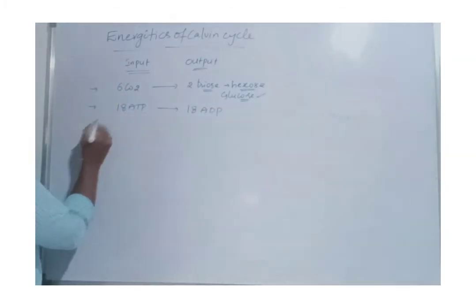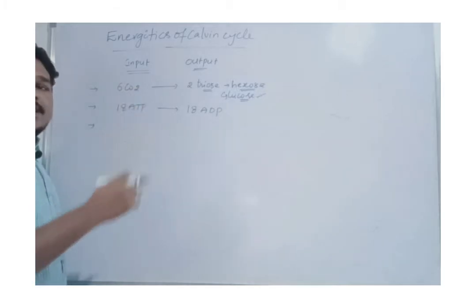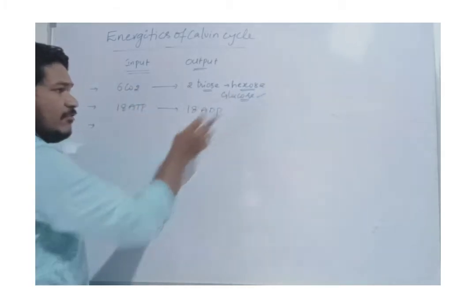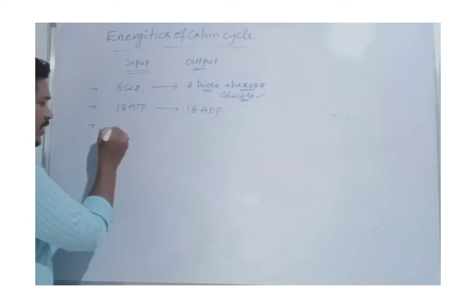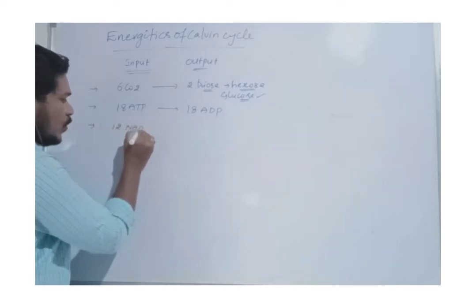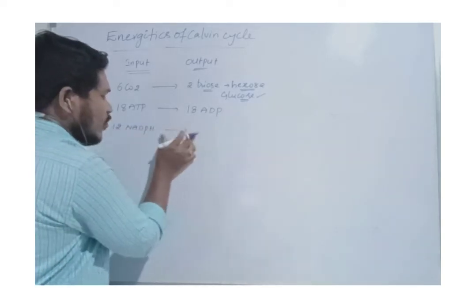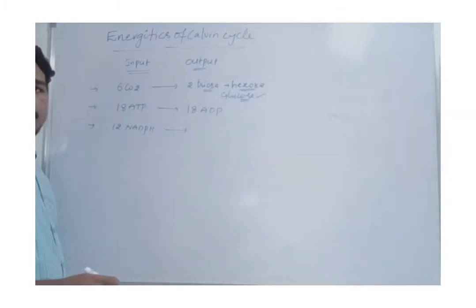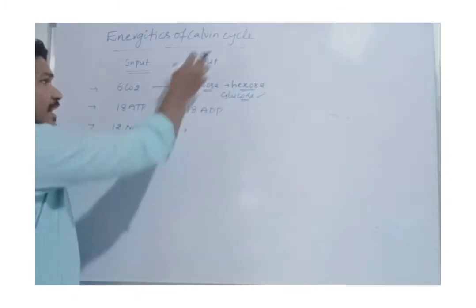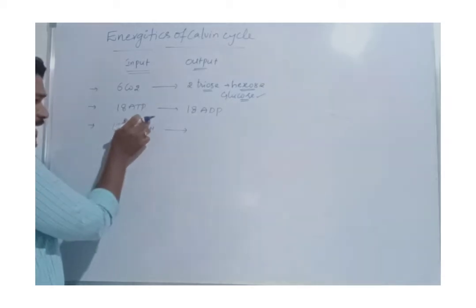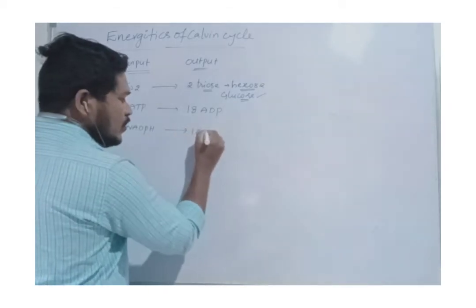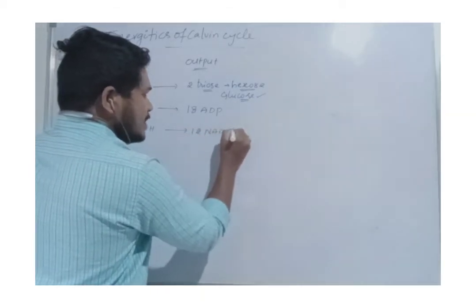And then the NADPH molecules for the synthesis of one hexose sugar: 12 NADPH molecules are required in the reduction phase of the Calvin cycle. These NADPH molecules are further converted into 12 NADP plus.